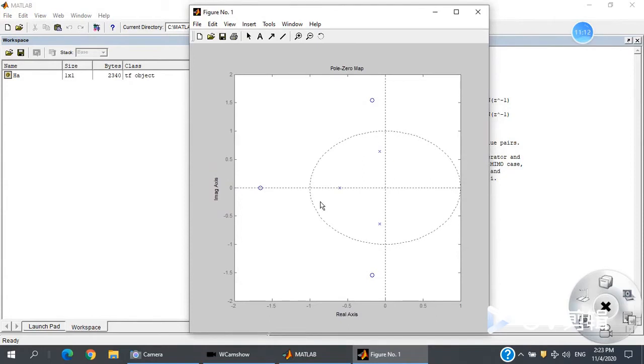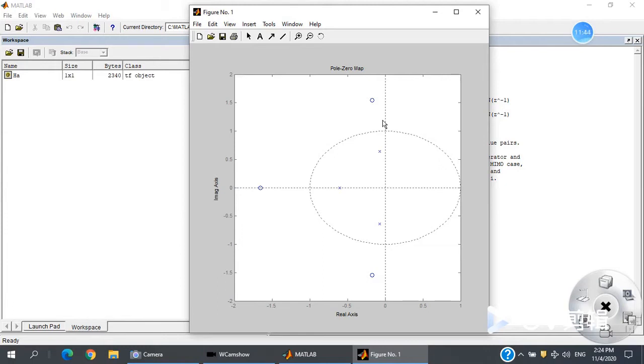And then we have some crosses. Each cross is a pole. And we have some circles. Each circle is a zero. Okay, you see? One inside, one outside. Related to the unit circle, you can see one inside, one outside. Here's inside the unit circle, here will be outside the unit circle. This is inside, that is outside. Yeah. They occur as pairs. One inside, one outside.